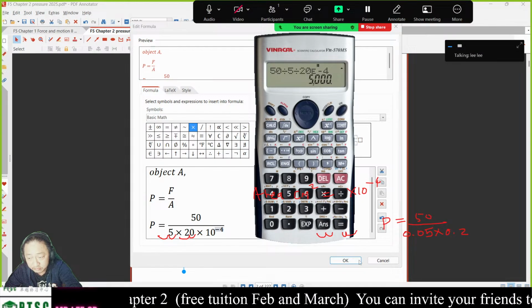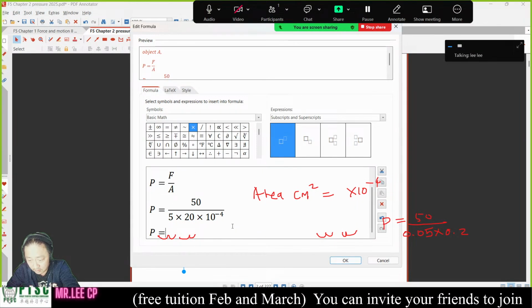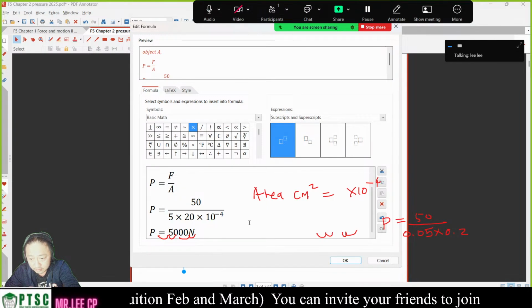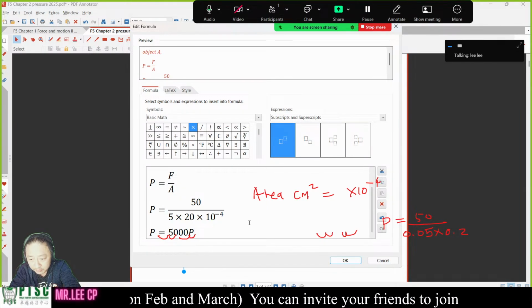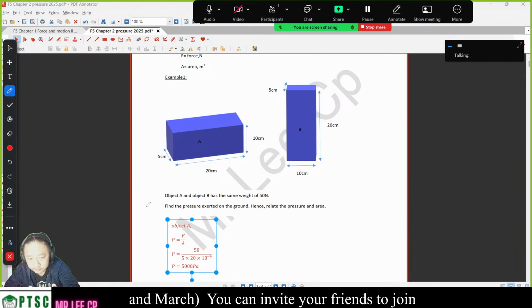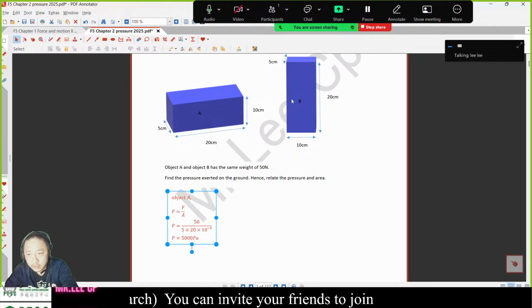So you will get this answer. Right. 5,000. Pressure is equal to 5,000 Newton per meter square. So we call it Pascal. Okay. Right. So we do object B.